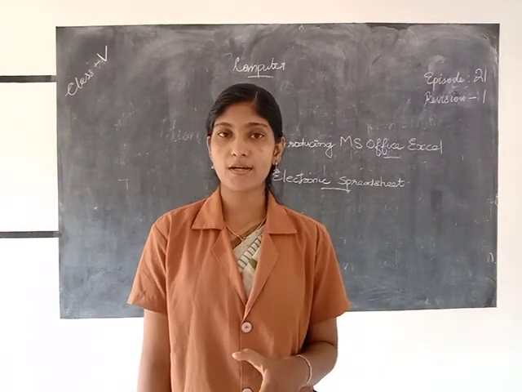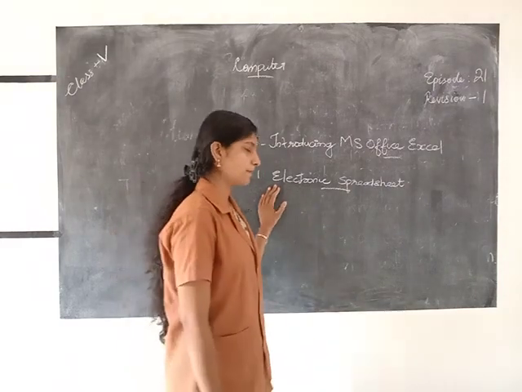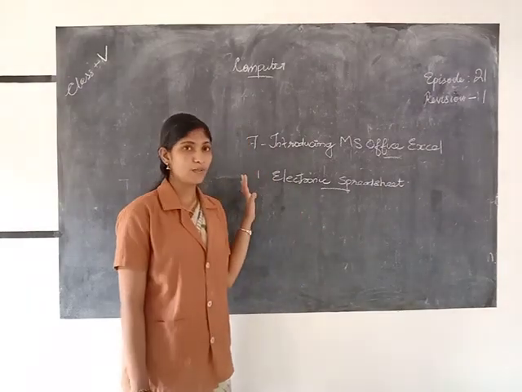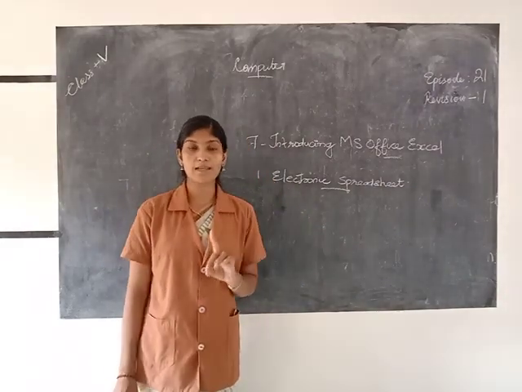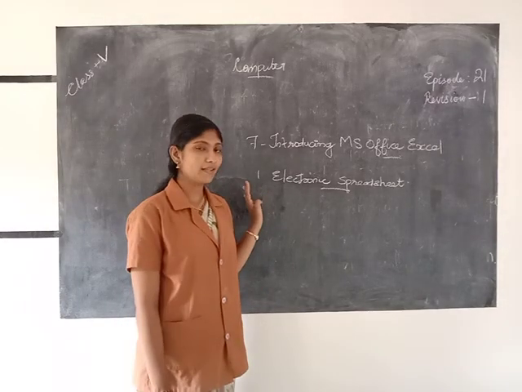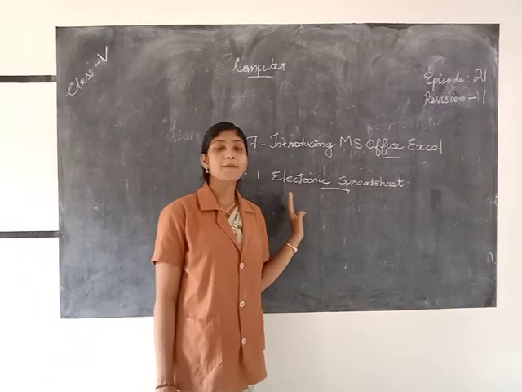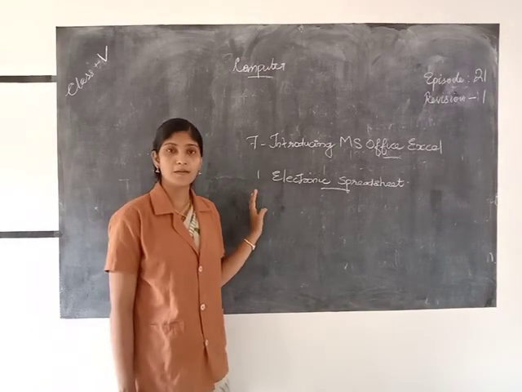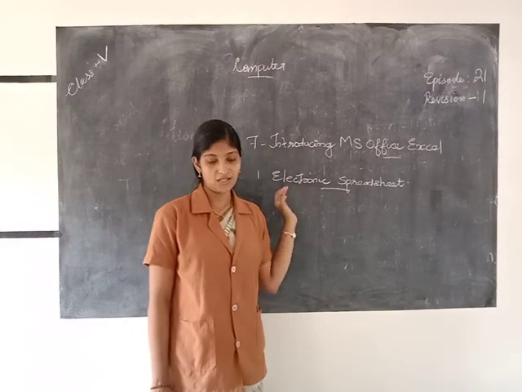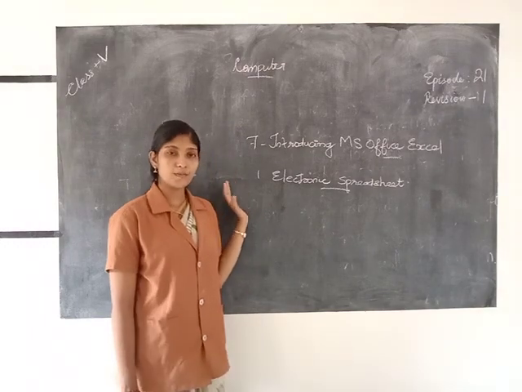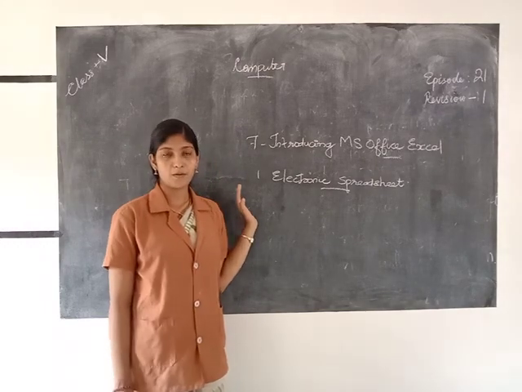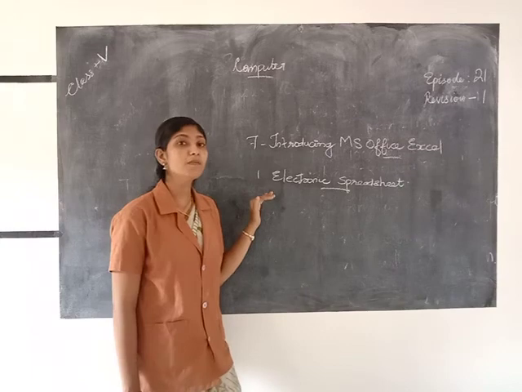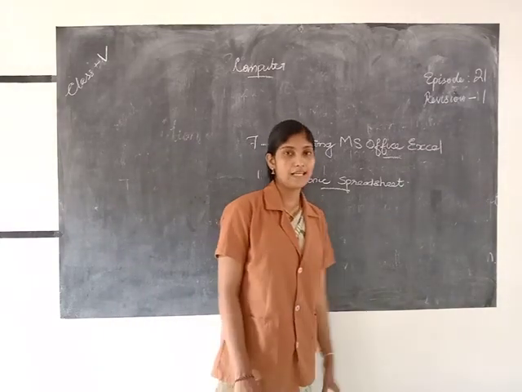So listen carefully, it's an important question. So remember that. What is electronic spreadsheet? It is a computer program used for the purpose of numeric calculation. So once again, electronic spreadsheets are computer programs used to perform numeric calculations easily.